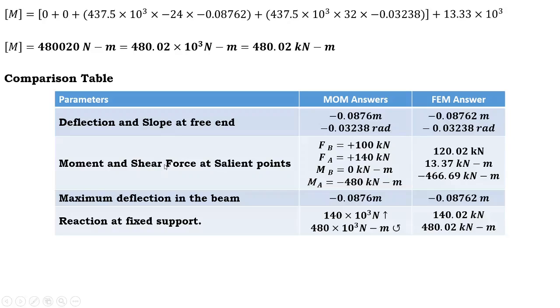When I calculate the shear force and bending moment values at the salient points, I am going to get the values of shear force at A and B and bending moment at A and B. These are the values. But when I come to the FEM, I have converted the applied UDL into equivalent nodal forces. Therefore, there will be a slight variation in the values.